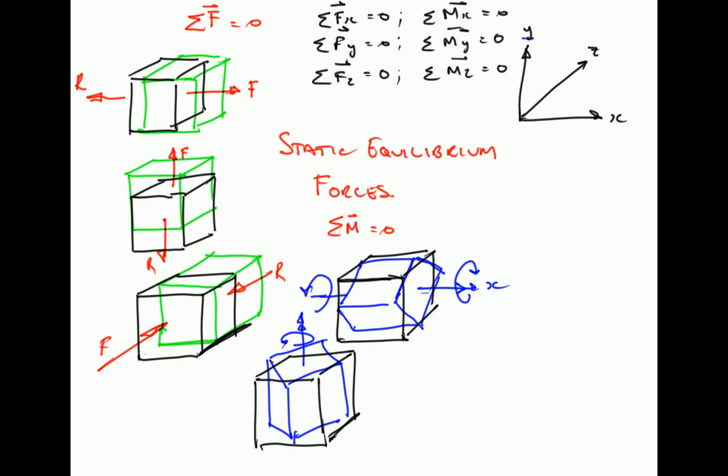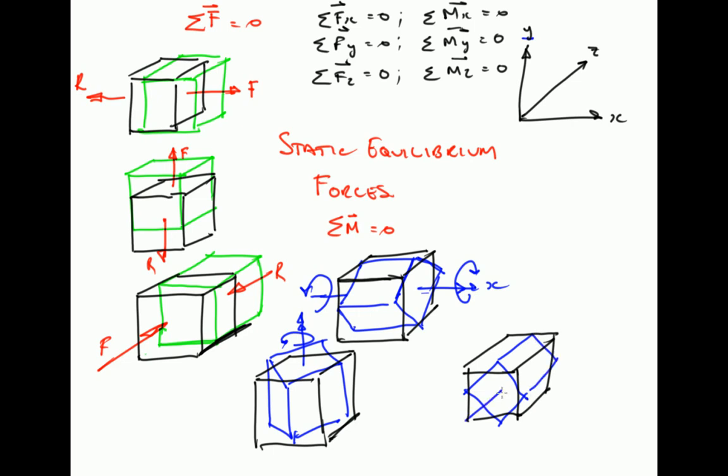The last one would be a rotation of that body about the z-axis. If that body were not in static equilibrium, then we could get rotations which meant that the body ended up looking something like that.